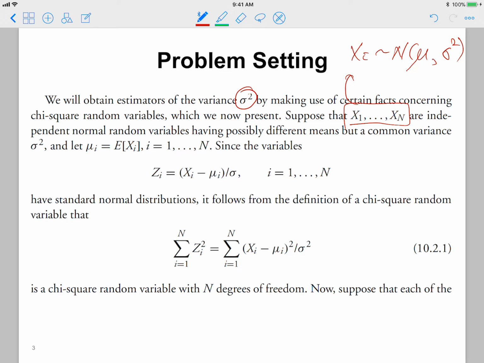But in this case, let's consider the situation where these are not actually IID. They are independent, but not identically distributed; they are still Gaussian, but the means are different, so the expectation values are different for each sample.